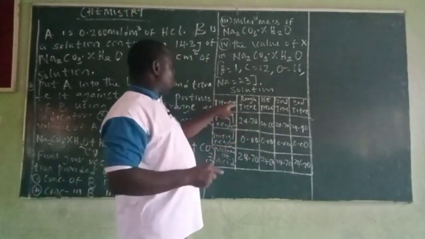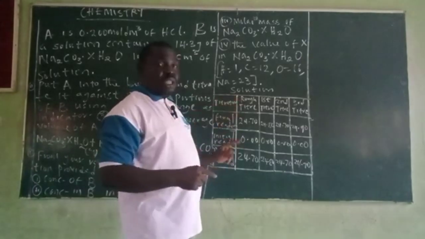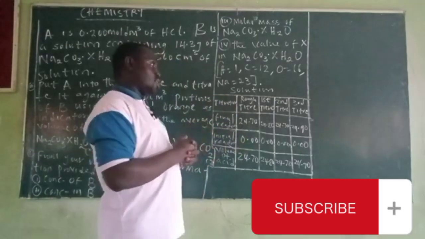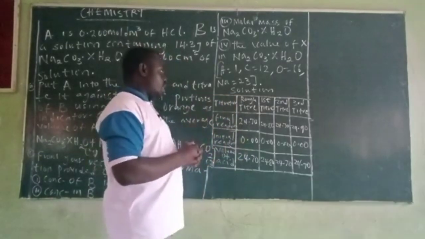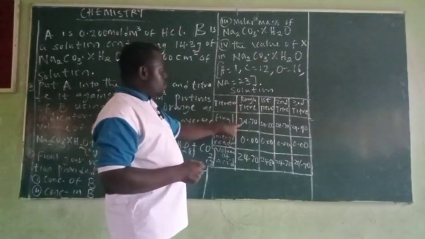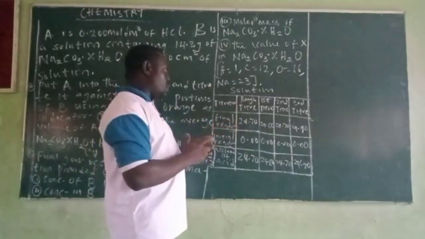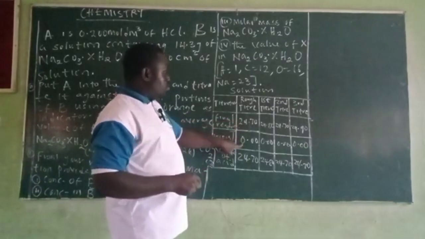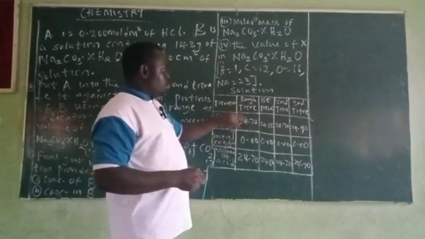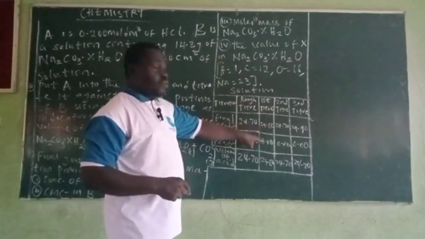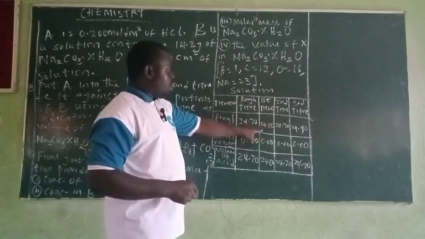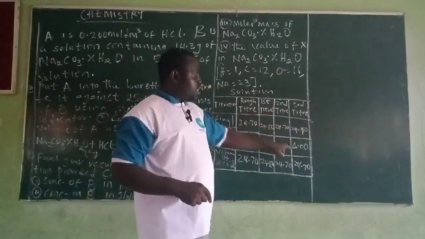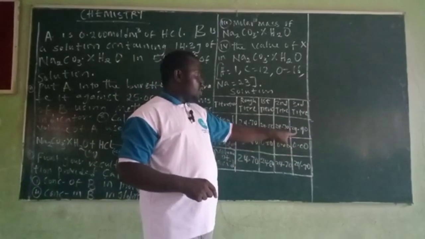And if you remember, the first is usually the rough, or you could call it the first reading, or the first titer. The rough is usually totally different from the pattern. So you have 24, and then you fill the burette up again to 0 level, and you got this. You fill it up again to 0 level, and you got this. You fill the burette level to 0 level again, and you got it.